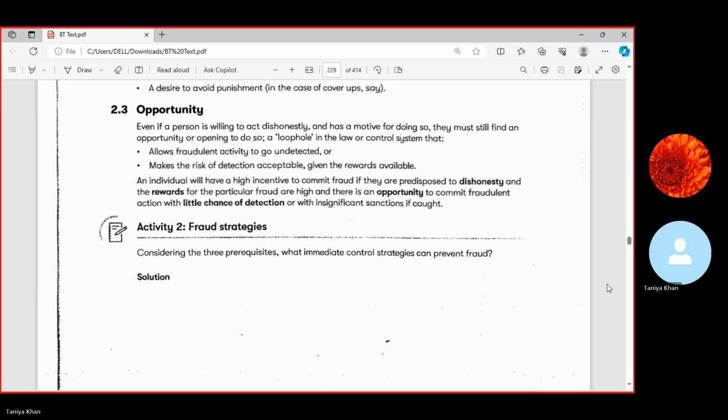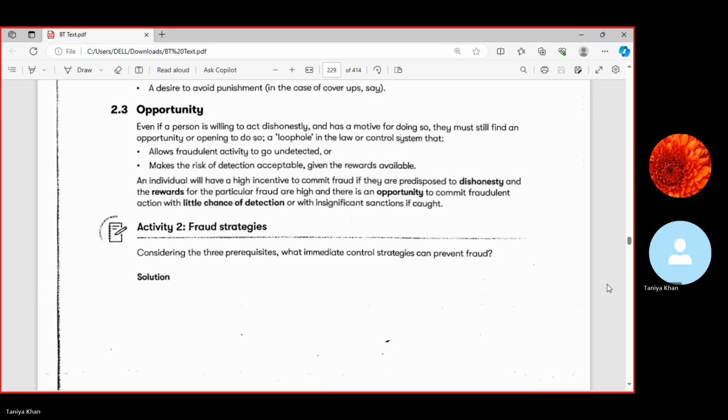Sometimes that particular person is so committed, he is ready to commit fraud and ready to take that risk. Even if something is detected, he is ready to accept the pros and cons of that, or to face that particular situation.